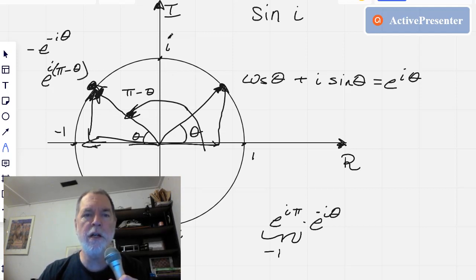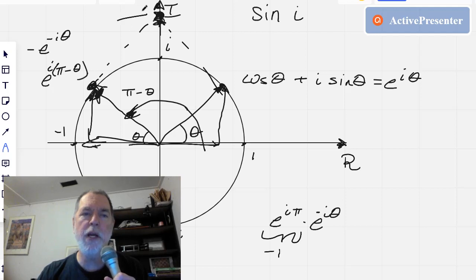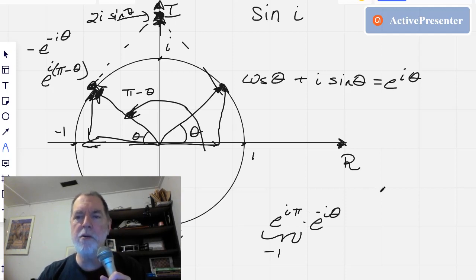So these two vectors, we add them together. There's your parallelogram. And we're going to get a larger vector here, which if I try to draw it in, it ends up getting very messy. But that point here is twice i sine theta. So let's make a note of that here.